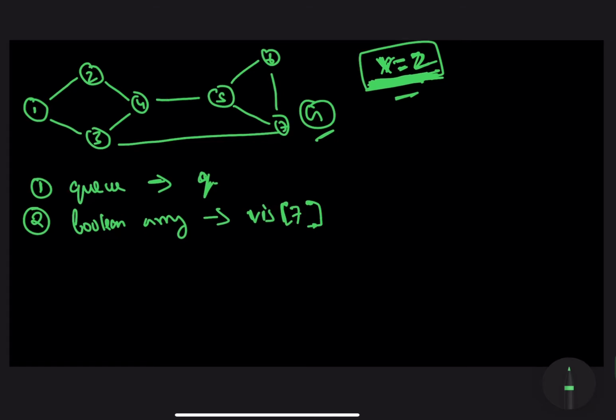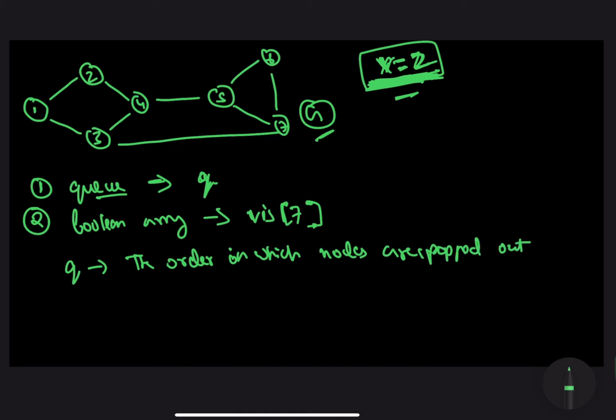Now this is important. The important point to note about this queue is the order in which nodes are popped out of the queue becomes the order in which we iterate over the nodes.